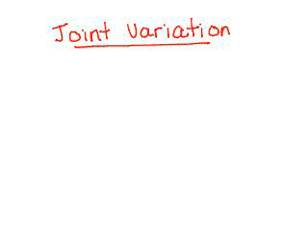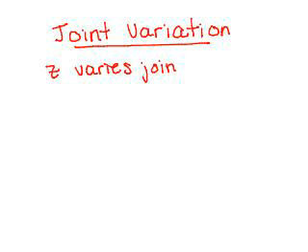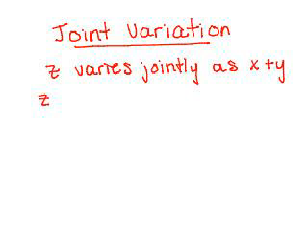So it's similar to direct, but if they say that z varies jointly as x and y, then you set it up like this: z is equal to some constant times x and then times y.